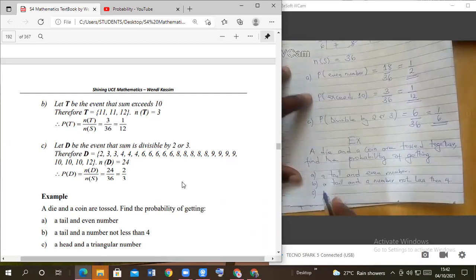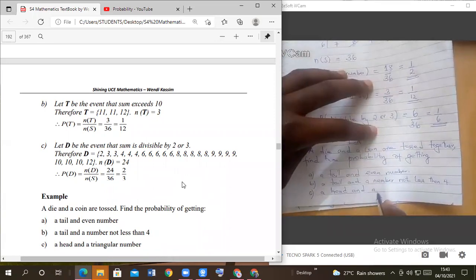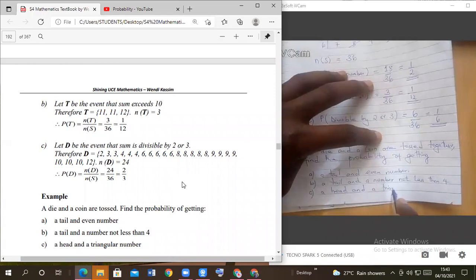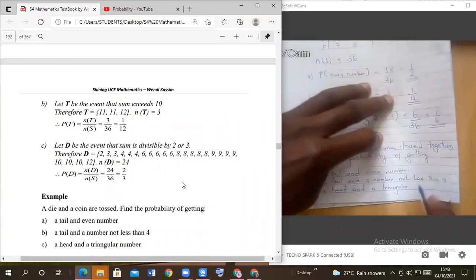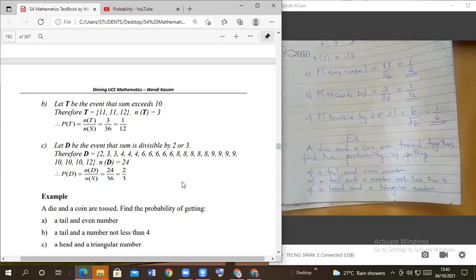C, a head and a triangular number. You should know what triangular numbers are. Okay?